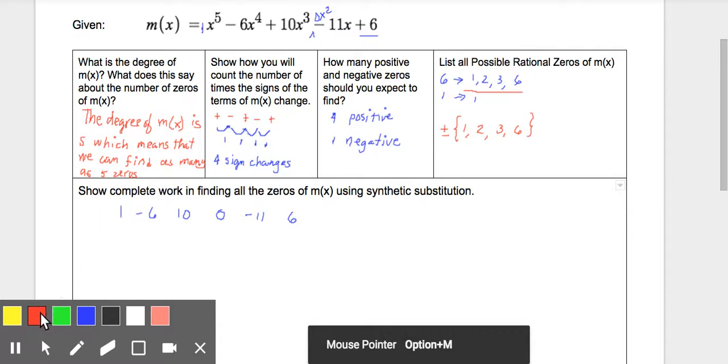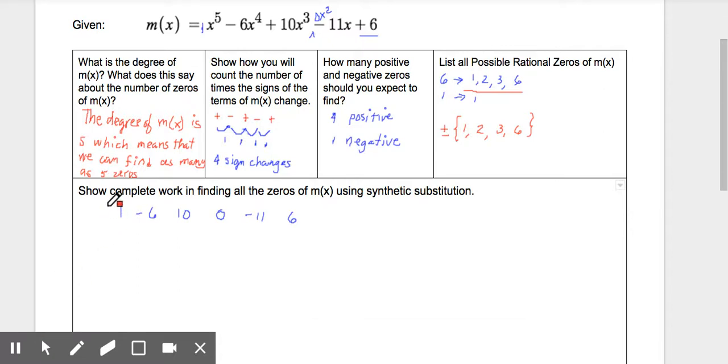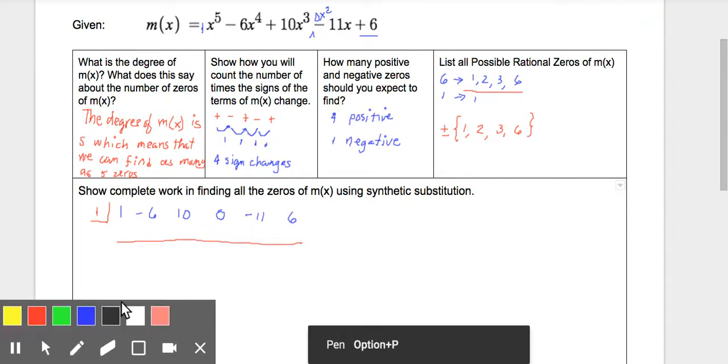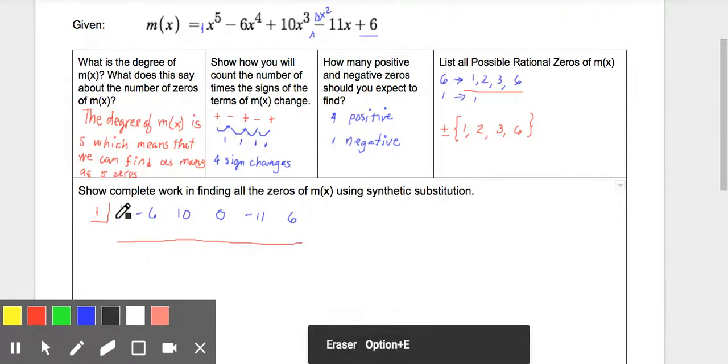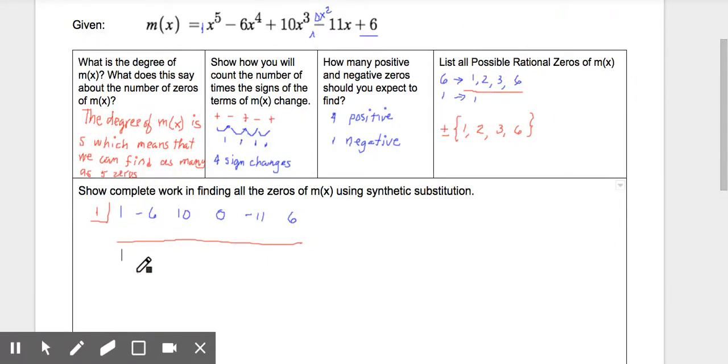So now we can start searching for the zeros. We can start by trying out if 1 is a zero. So we bring down 1. 1 times 1 is 1.